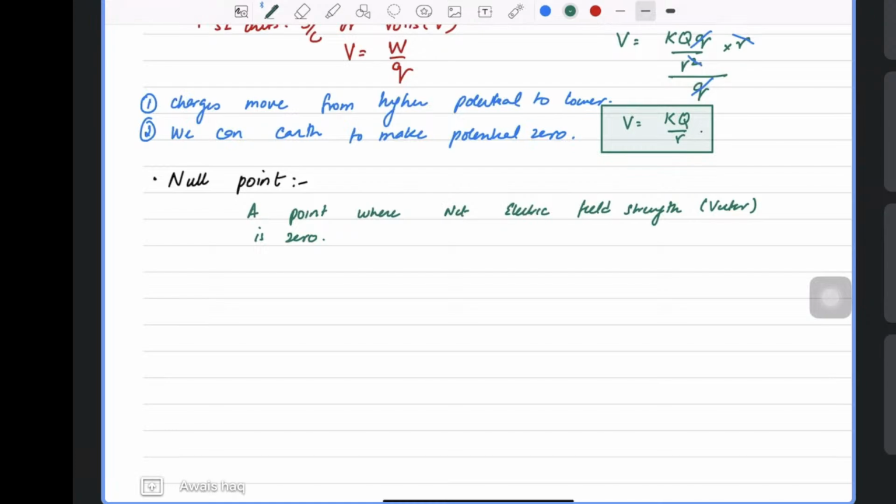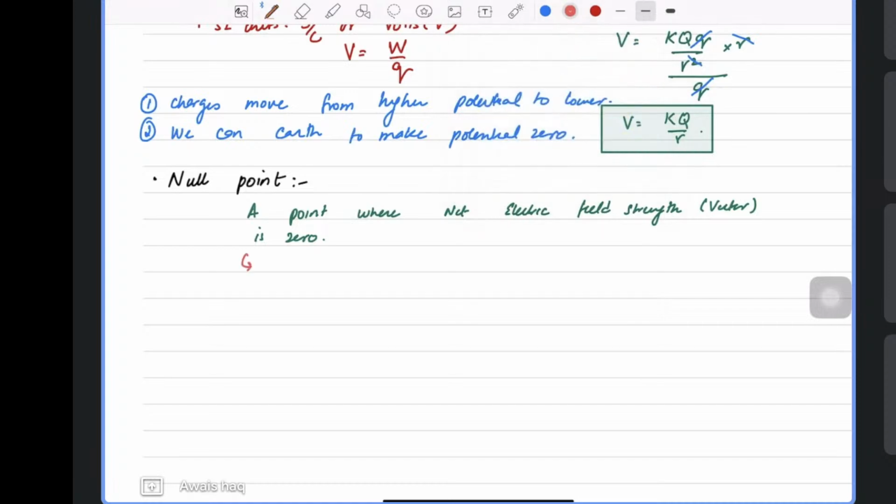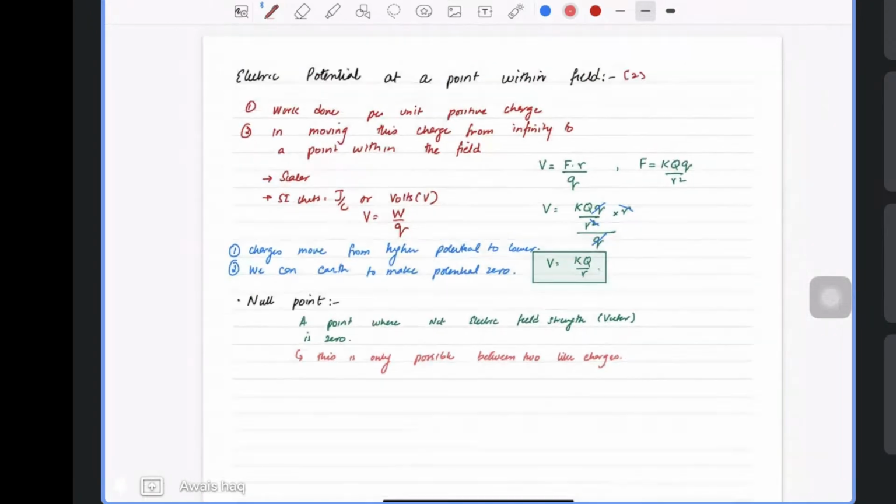Okay, and interestingly, I just want to add that this is only possible between two like charges, and you're going to see why in a bit. Alright, so you can write this down, please, and then we're going to go forward.